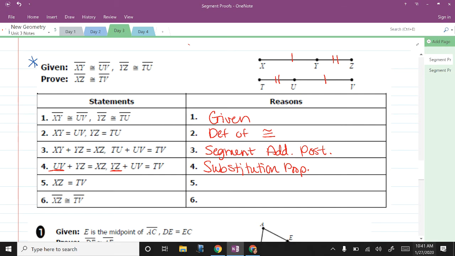All right, now how did they get from step 4 to step 5? XZ equals TV. Well, isn't that what they were both equal to? Well, isn't YZ plus UV the same thing? So aren't these two the same thing?